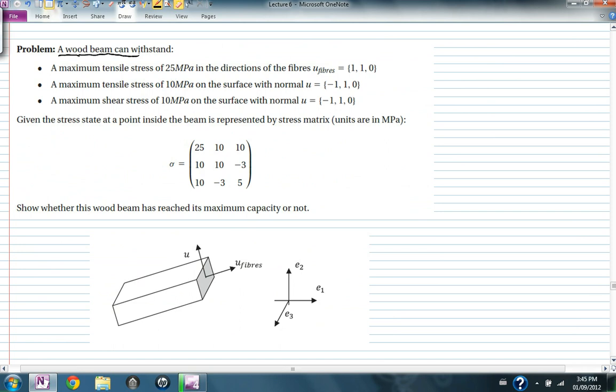And we're assuming that a wood beam with a general orientation can withstand a maximum tensile stress of 25 MPa in the direction of the fibers, U fibers 110. So I have a wood beam, and in the direction of the fibers, the maximum tensile stress is equal to 25 MPa.